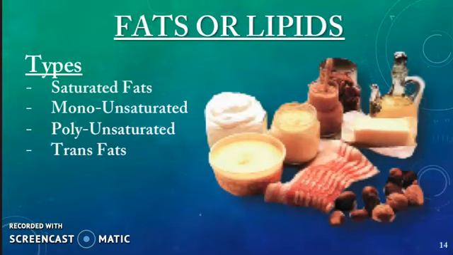It's synthetic, where scientists have put extra hydrogens into fats, and they make them really not good for us. Our body really does not have any idea what to do with them. Most manufacturers today have at least reduced the amount of trans fats in our diet, which is a good thing.